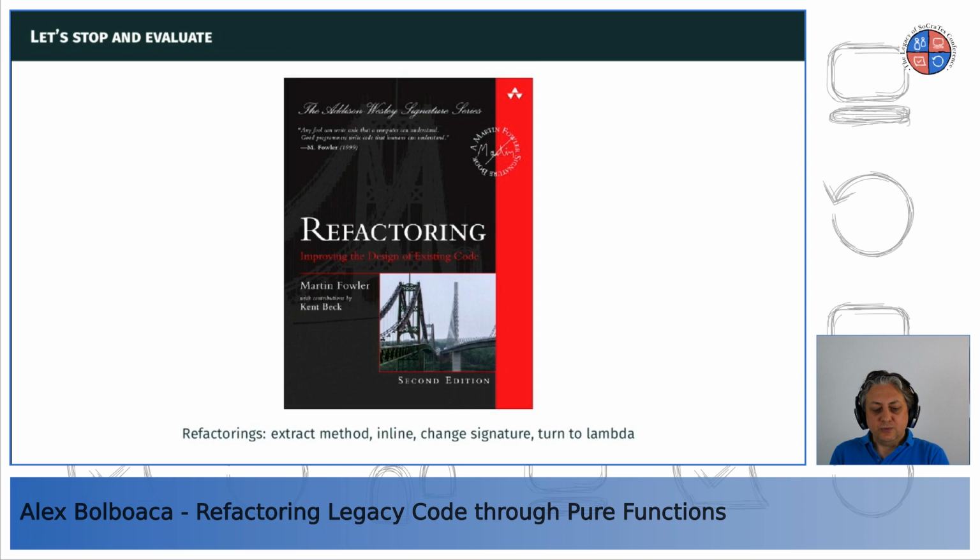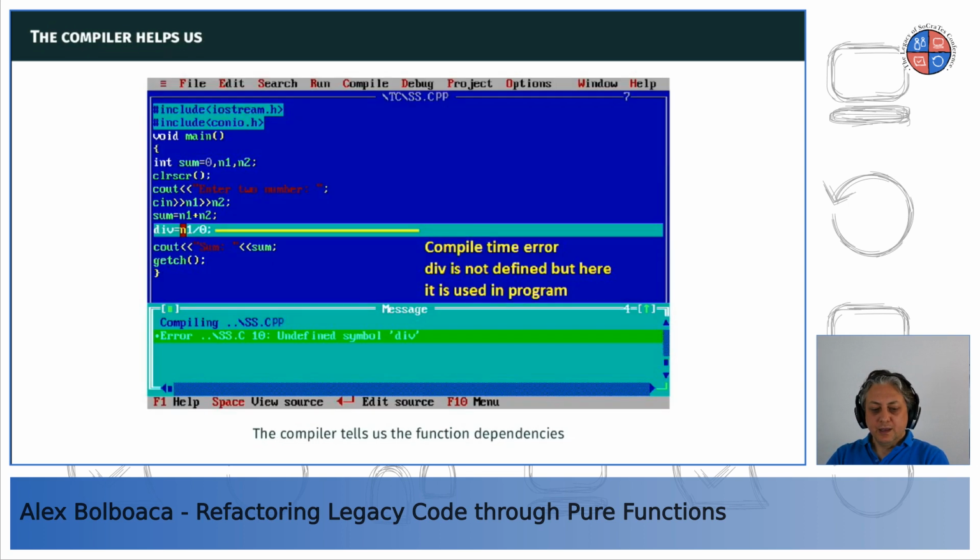So basically what I needed in order to do that were a few things. I needed to know how to extract the method. I needed to know how to inline. I needed to know how to change a signature, and I needed to know how to turn to a lambda. And the compiler will tell me what the function dependencies are.